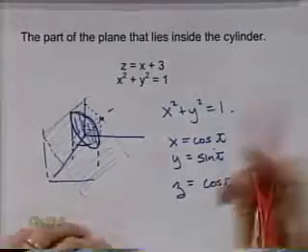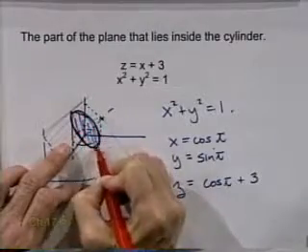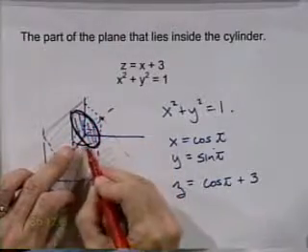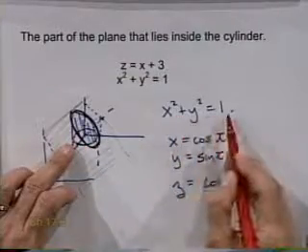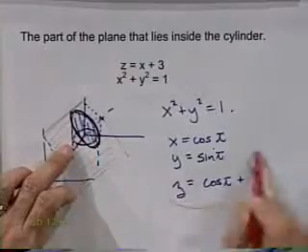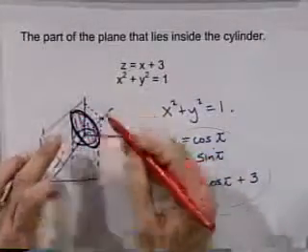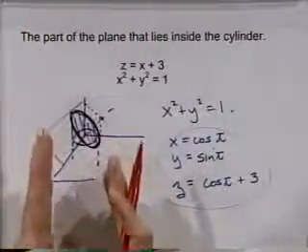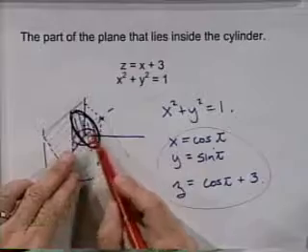I've represented the curve that's the border. You with me? The part that's just along the edge, because x squared plus y squared equals 1 is the edge. This is representing this curve, which is what you get when the cylinder, just the cylinder, intersects the plane.